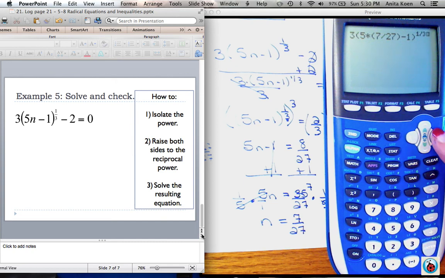Now I have to arrow down out of my exponent, and then minus 2. And then I hope that I get 0, because if I do, I know I have the right answer. So I've verified with my calculator now that this is the right answer.